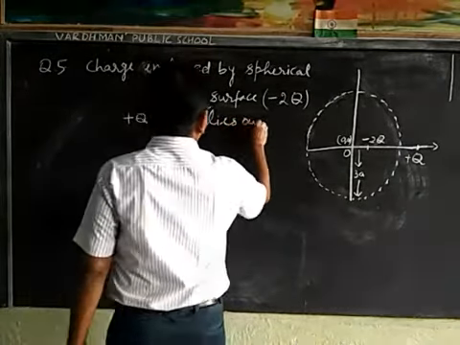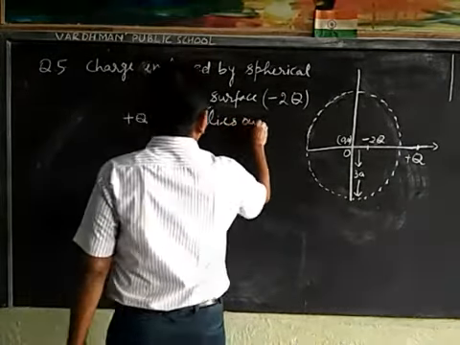Give an example. Yes, the electric field can be 0, but the electric potential at that point is finite.